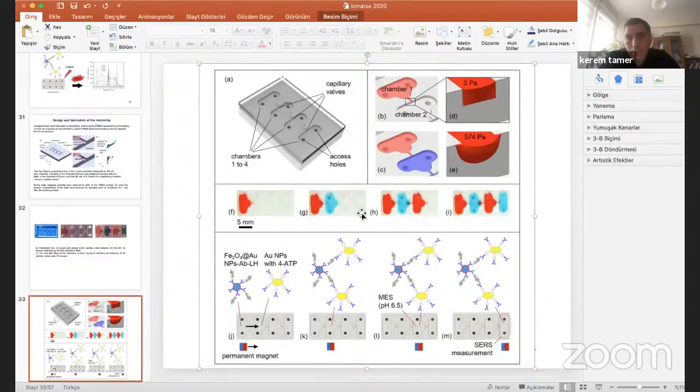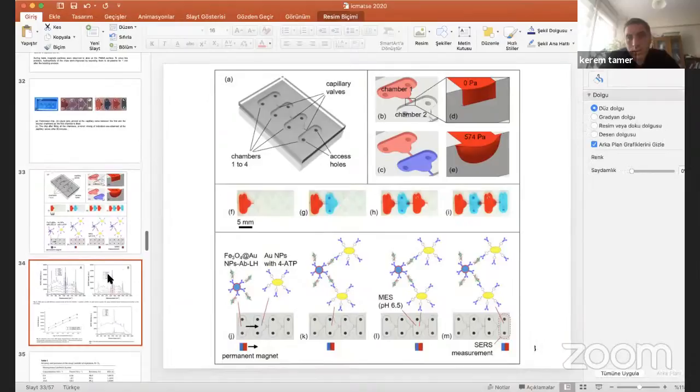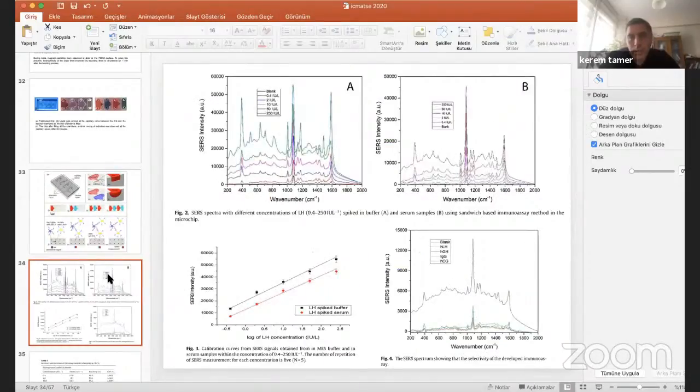But the important thing is that there should be a purification step before the entrance of the chip. Most people look at the literature and say that the chip is easy and has a lot of advantages, but there are also some disadvantages. I think the most difficult thing is the handling of the chip system.